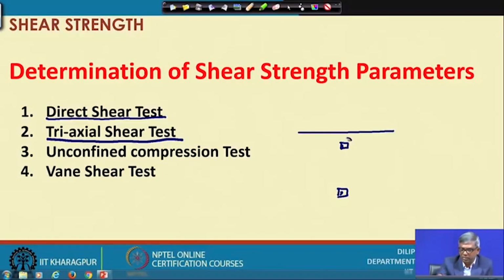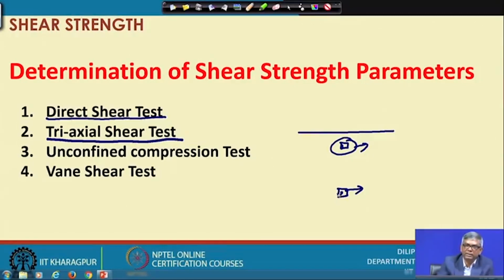So, if I collect a sample here and test and get the shear strength parameter, you will get some value, and if I collect a sample from here and test, then I may get a different shear parameter. What is the reason? Because the stress level, the stress condition, is different.